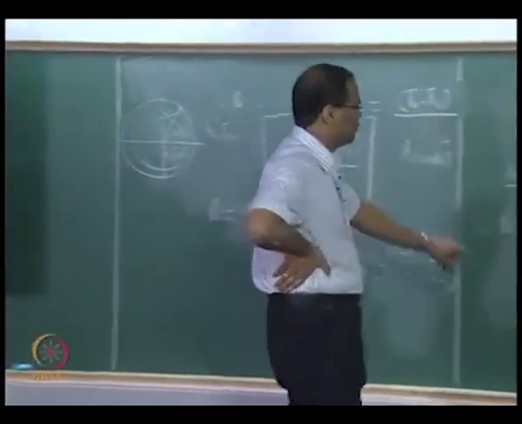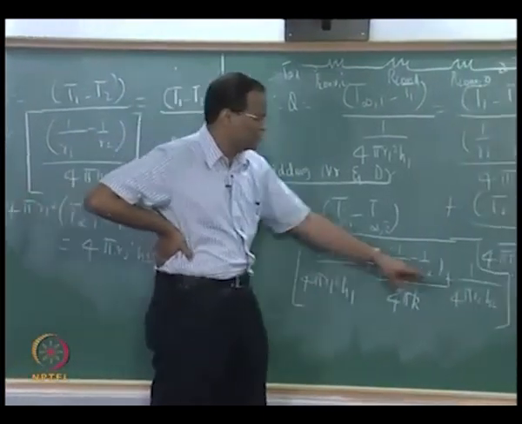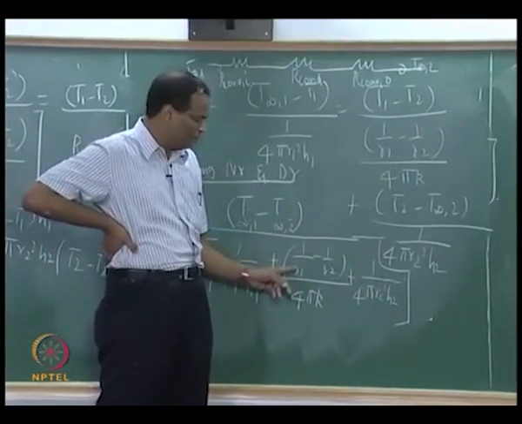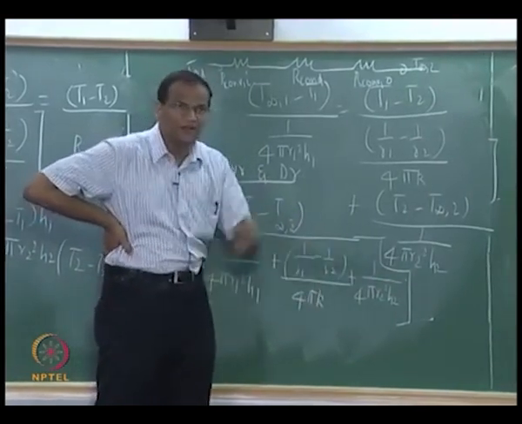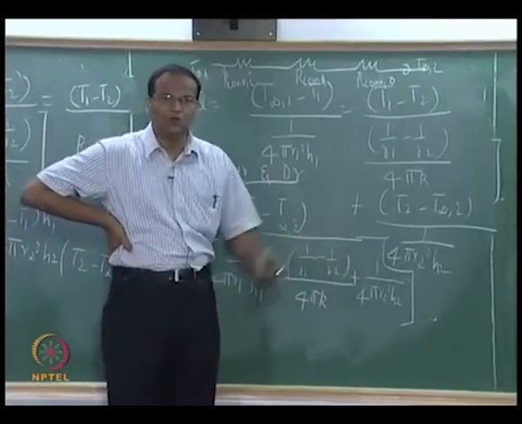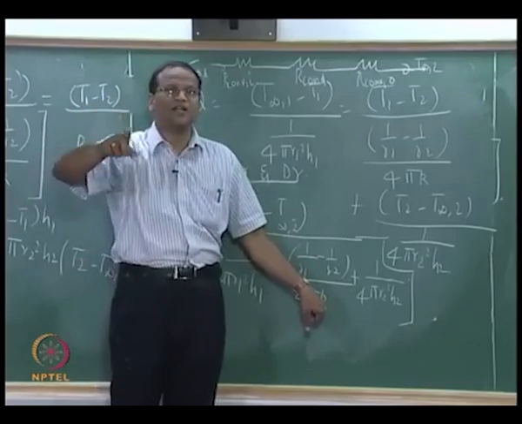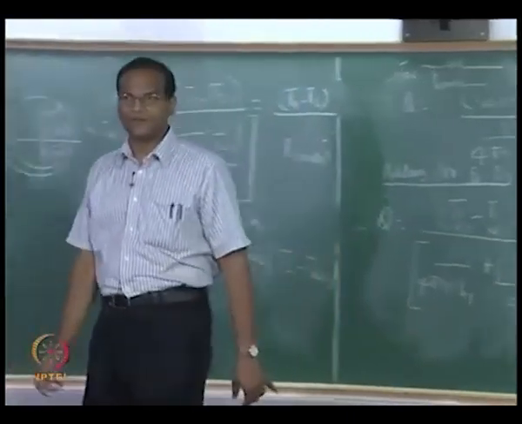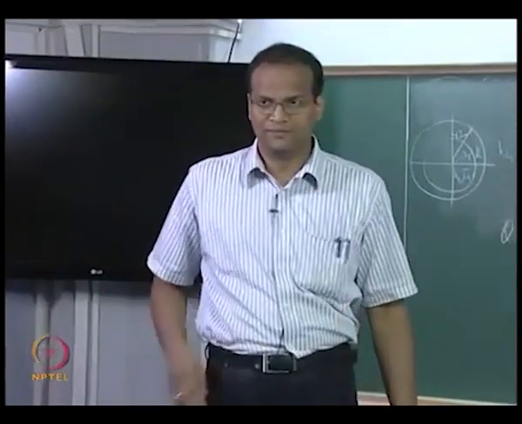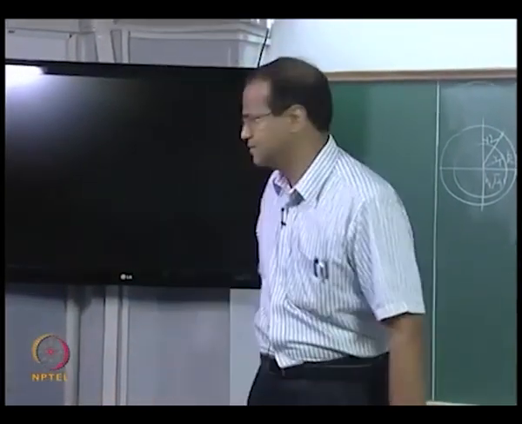Then use this formula, the H1, H2 these are not there, right, but you will have 2, 1 by R1 minus 1 by R2 by 4 pi K1 plus 1 by R2 minus 1 by R3 divided by 4 pi K2. K1 is the thermal conductivity of stainless steel, K2 is the thermal conductivity of the foam material, okay. All the things are unknown except R3, okay. So, you will design the insulation thickness, okay.